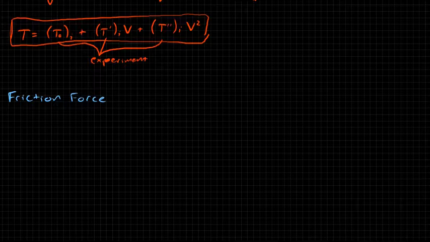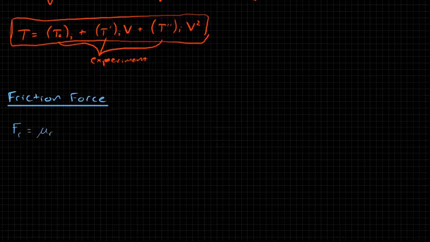If you recall your last lesson about friction, you'll recall that force of friction is equal to some friction coefficient, which for this case we're going to call mu r, our rolling friction coefficient, or coefficient of rolling friction.